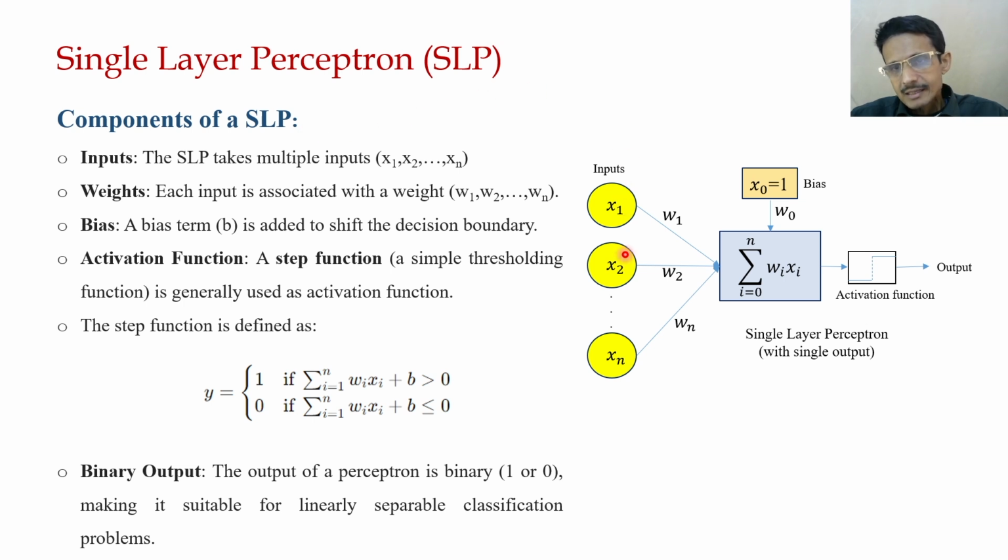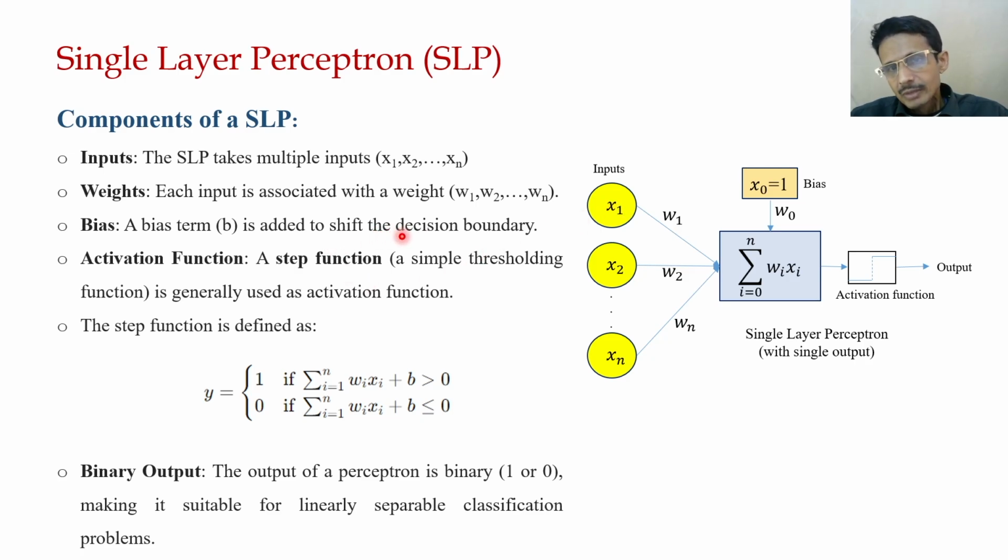First of all, it has some inputs, let's say n inputs for our understanding, and there is one bias term, and there are some weights, as we discussed in our neuronal structure. Each weight is associated with a particular input.